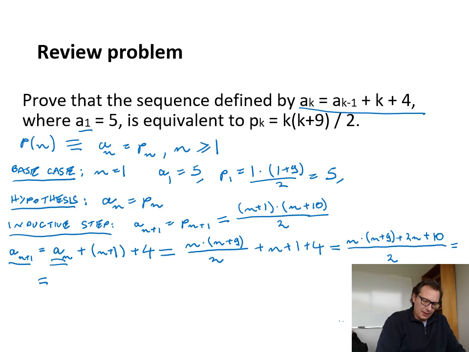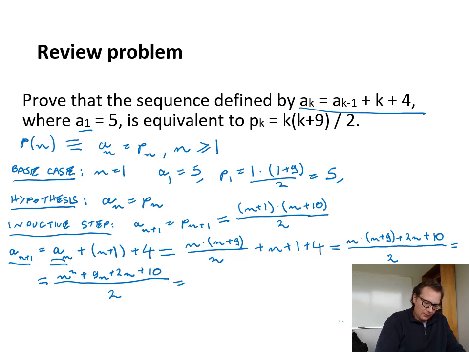So here we have, at the bottom we have 2, that's good news. However, at the top we have something kind of weird, not resembling this multiplication. But let's see if we can get it in that form. So at the top we have n squared plus 9n plus 2n plus 10.